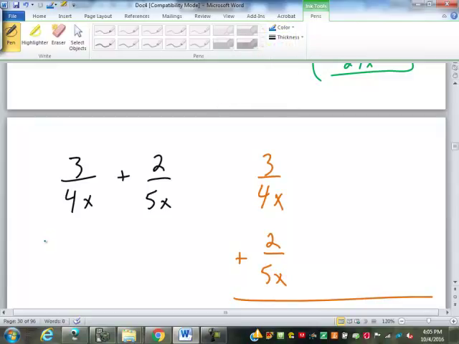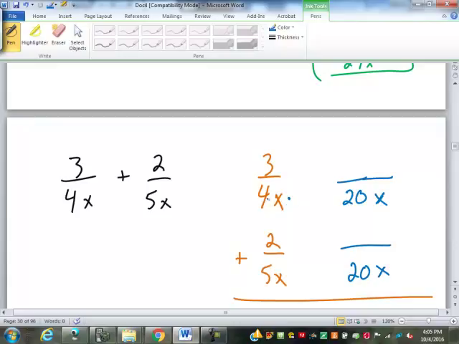If I look at my 4x and 5x, I don't need to list this out. What's the common denominator between the numbers 4 and 5? Least common multiple will be 20. For the variable, well, they're both x, so the highest power is just 1, or just x. So 20x is my common denominator, least common denominator.